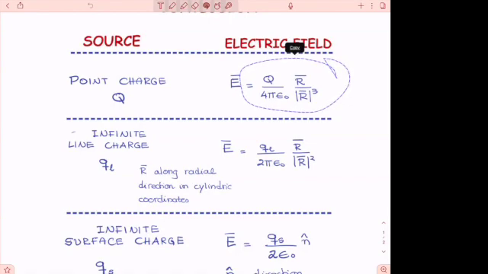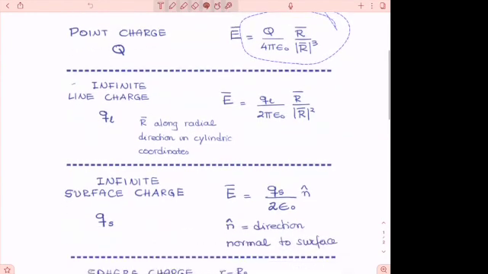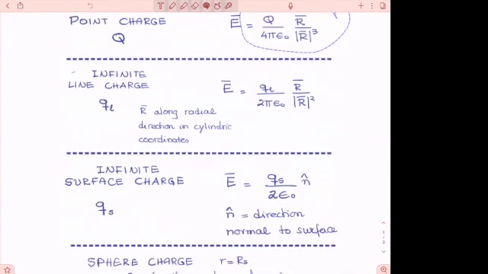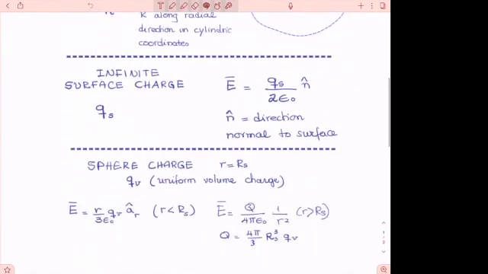So you remember that if I have a point charge, as I move away, the electric field that I feel goes as 1/the distance squared. When I go to an infinite line charge, it goes as 1/the distance, all right? When I go to an infinite surface charge, this one is constant. Remember that? So every time you go from 3D to 2D and then 1D, you lose 1 r in the denominator.